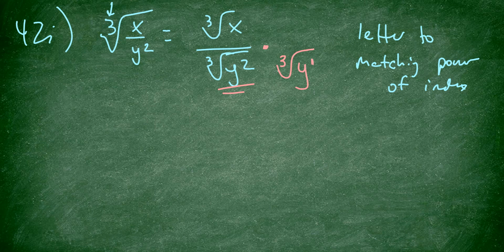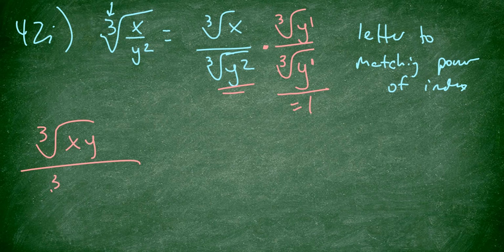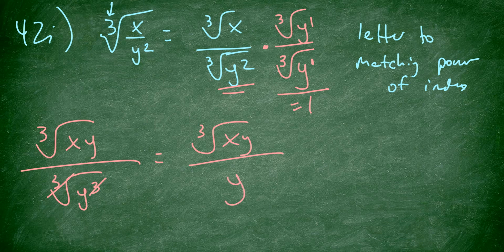Why 1 more y? Because if I have 2 y's and 1 y, it's going to give me 3. I'll do the same thing to the top, because now this thing equals 1. So I multiply across the top. I have the cube root of xy all over the cube root of y cubed. Those little 3's cancel, so I end up with the cube root of xy all over y. And that's your final answer.